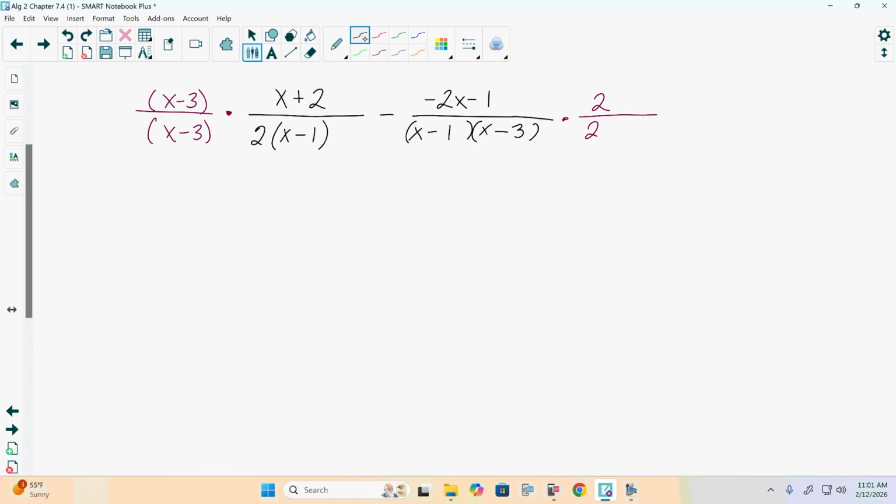So if we look just at the multiplication on bottom, on the left side we have 2 times our x minus 1 times our x minus 3. On the right side, we're going to multiply the 2 with the x minus 1 and x minus 3. Are the denominators the same? Yeah.